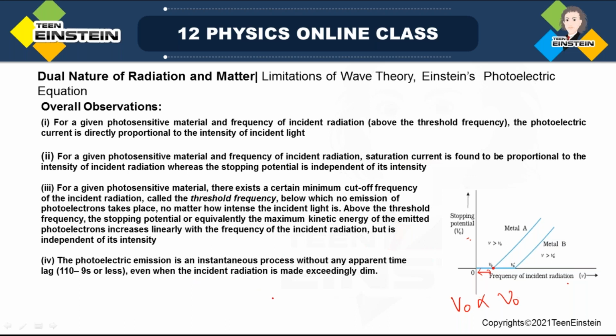The fourth one is about the photoelectric effect. As soon as you shine light on a photosensitive material, you get current in the circuit. That means as soon as you irradiate the metal surface, electrons come out immediately. So this is called an instantaneous phenomenon. It takes almost 10 to the power minus 9, or minus 10, second for electrons to come out.